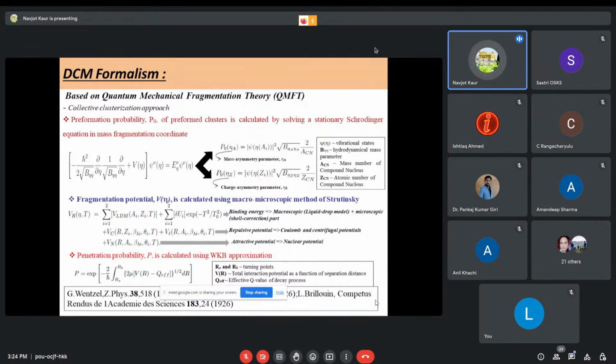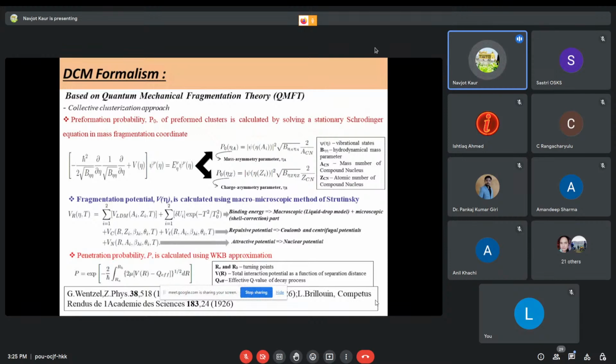Next I'm going to talk about the DCM formalism, which is based on the QMFT, the quantum mechanical fragmentation theory, and uses a collective clusterization approach. The preformation probability of a preformed cluster is calculated by solving the stationary Schrödinger equation in the mass fragmentation coordinate, given by this equation, and it has a mass asymmetry parameter or a charge asymmetry parameter.